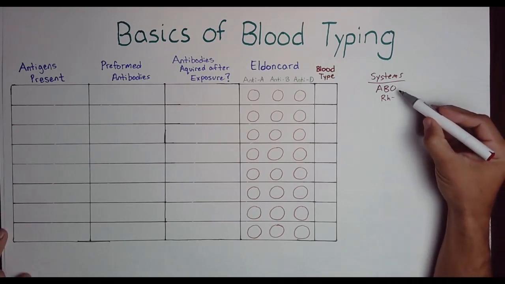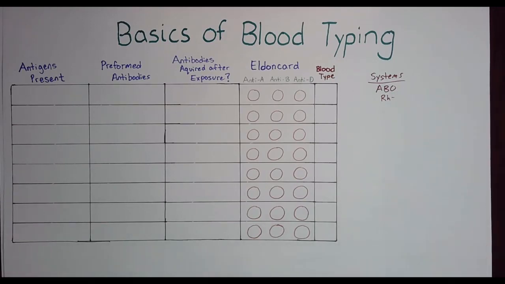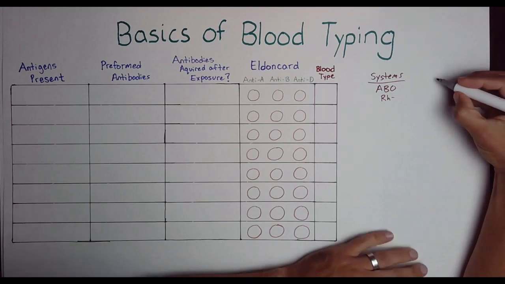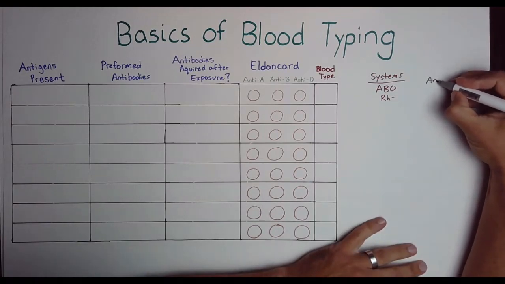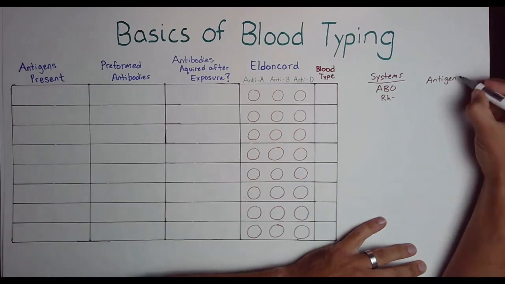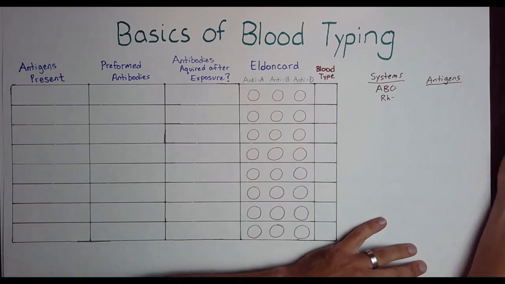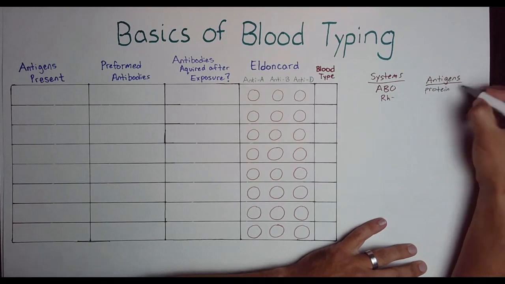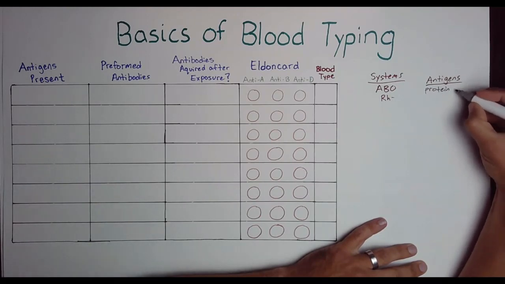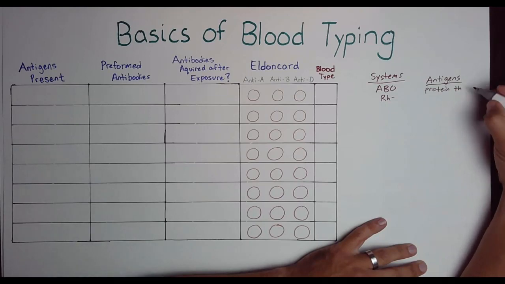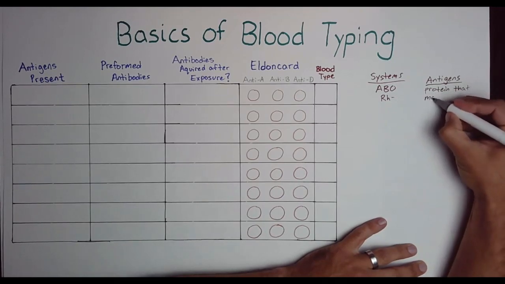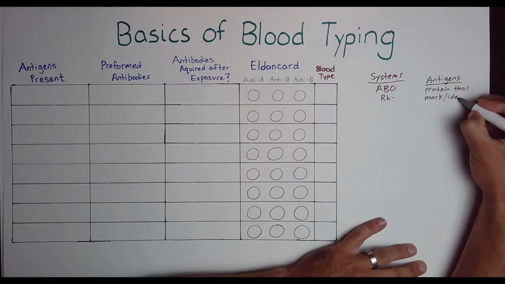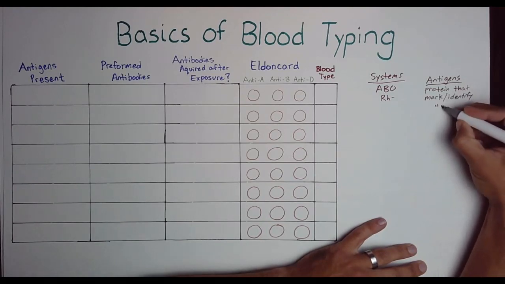In order to get started on the ABO system, we need to know another keyword, and that keyword is antigens. Antigens are proteins that are part of your immune system. They are protein flags that mark or identify self.